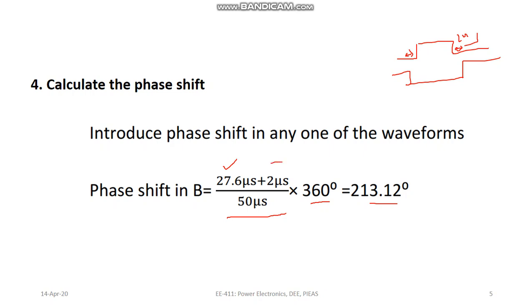So you see what will happen if I do not cater for this time period, and I directly calculate the phase corresponding to this value, 27.6 divided by 50 microsecond into 360. Then we will get some other angle. That is basically the same calculation that we did when we were not introducing any dead time in our complementary waveforms.